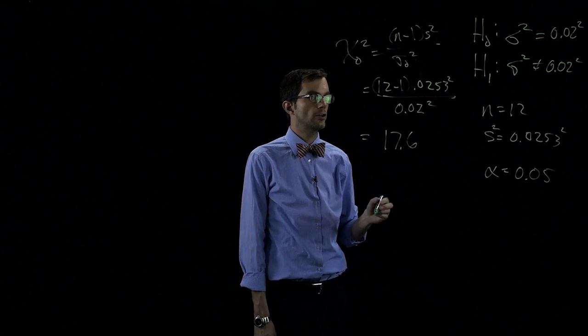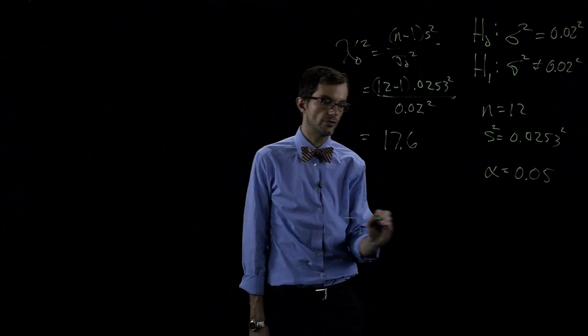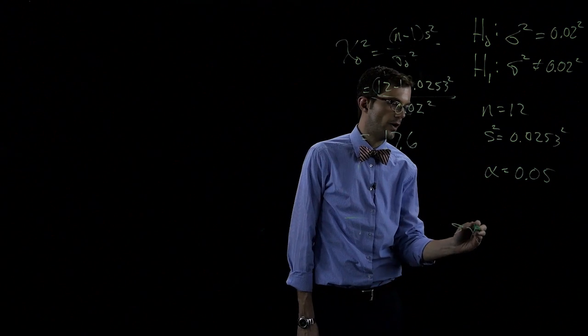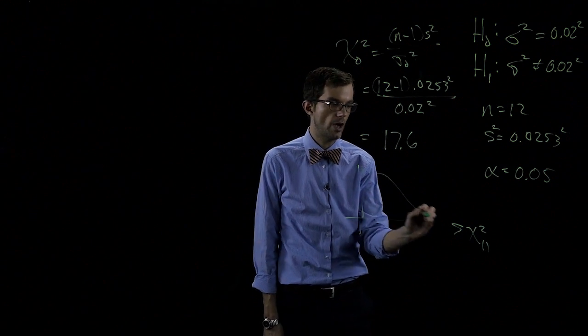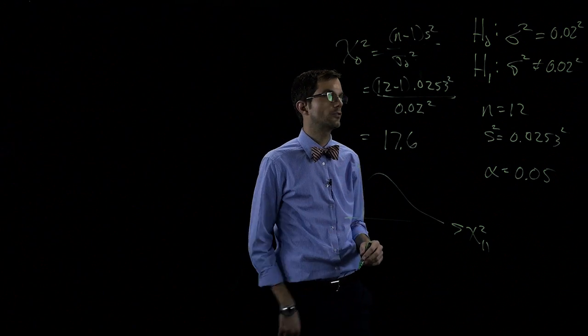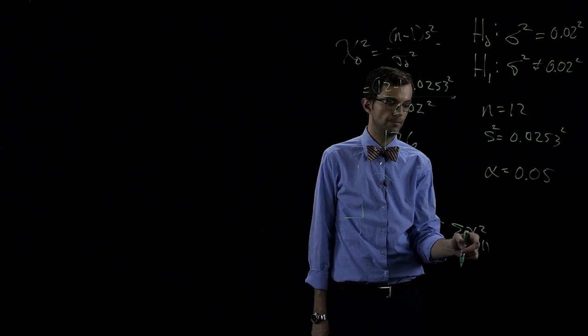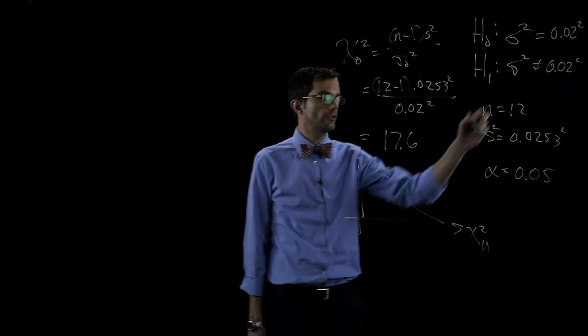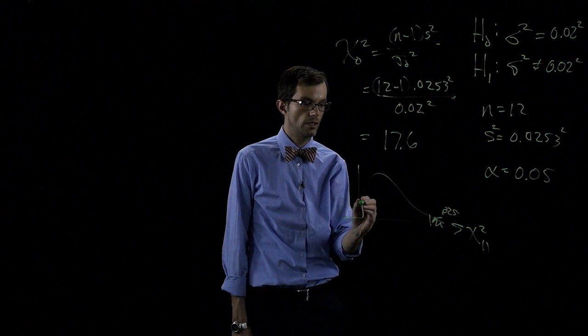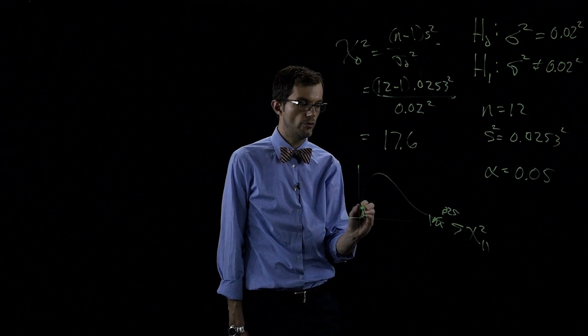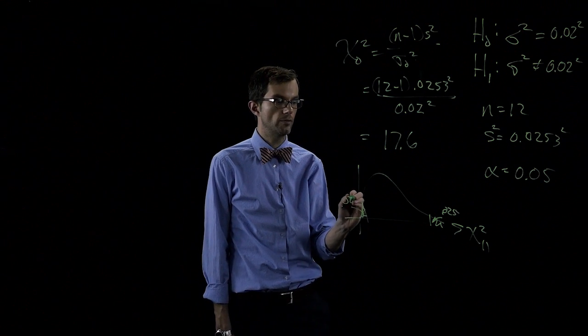Critical value approach. Let's do that one first. We've got a chi-square axis with degrees of freedom 11. So here is our distribution for the chi-square test statistic. And this is a two-tailed test. So we want 0.025 up here, and we want alpha over 2, 0.025 down here.